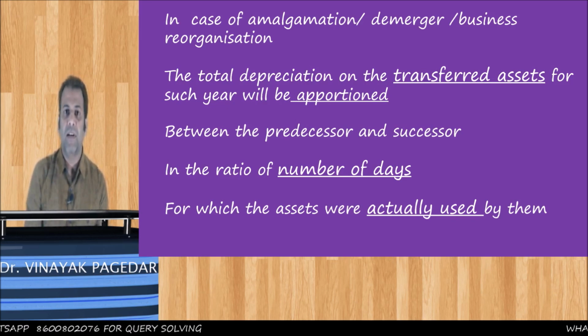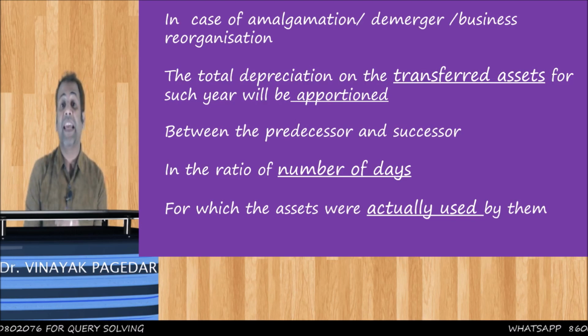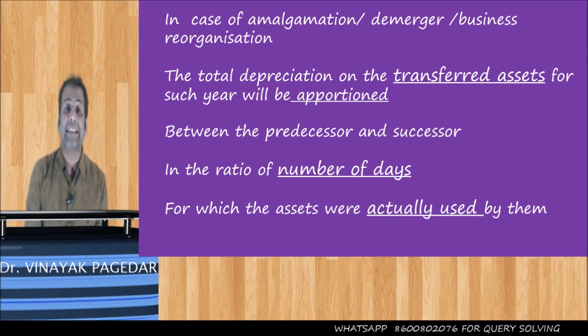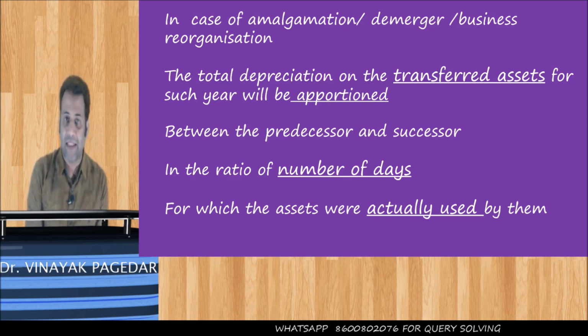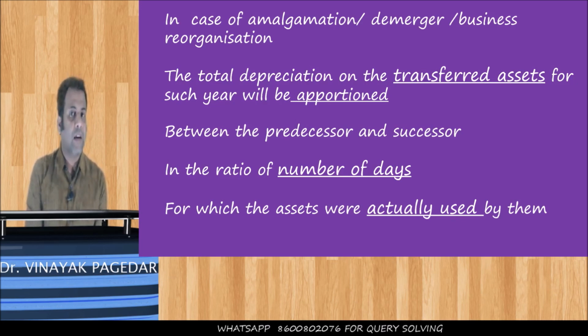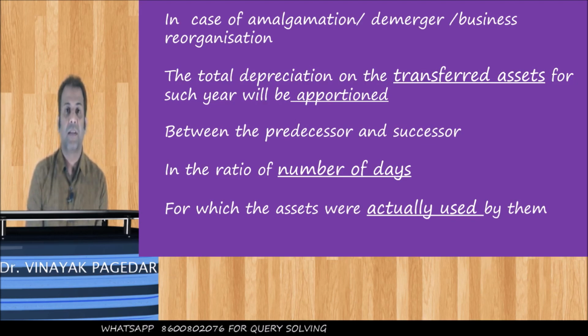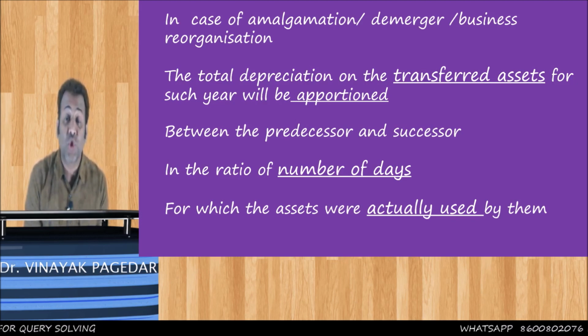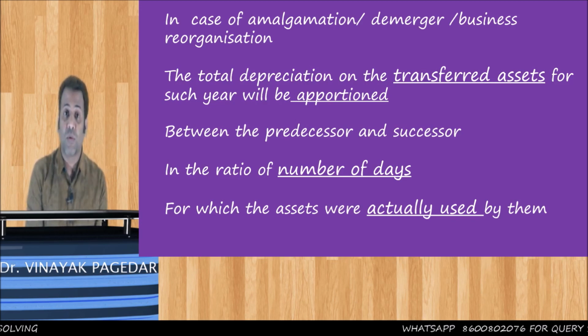In my example, apportion the depreciation between A Limited and AB Limited in the ratio of number of days for which the assets were actually used by them. Step 1. Calculate the depreciation as if there is no amalgamation, demerger, etc. Step 2. Apportion the depreciation between the predecessor and the successor in the ratio of number of days of actual use prior to the transfer and after the transfer.